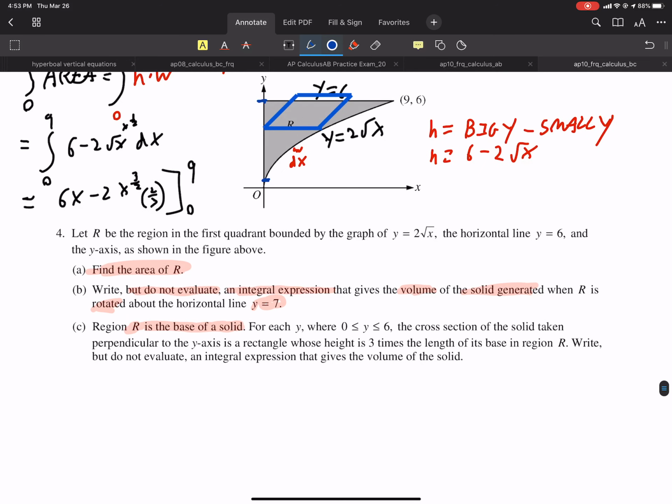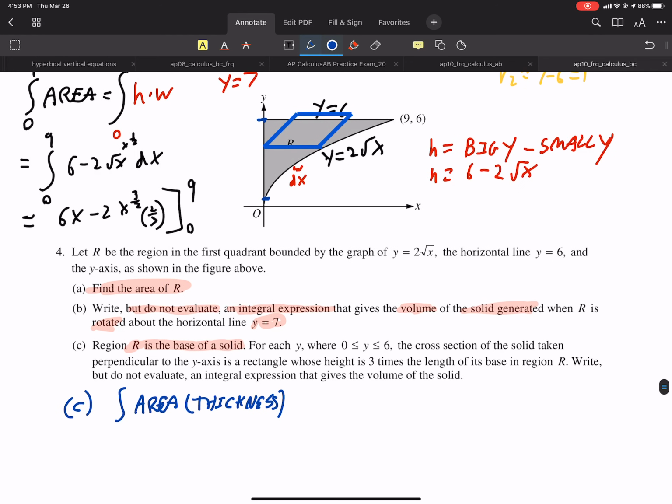And so part C, you want the volume. Volume is the area of the shape times the thickness of the shape. And we're going to add them up. This time, we're starting at 0. And since we're going up, we stop at y equals 6. So our limits will be 0 to 6. Now, we have rectangles.